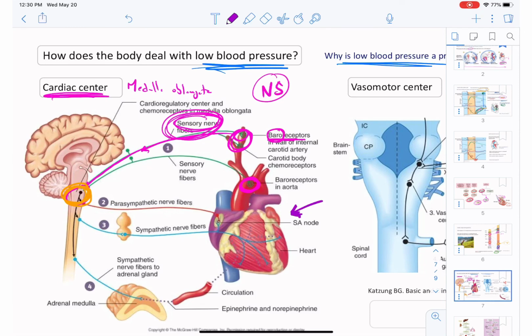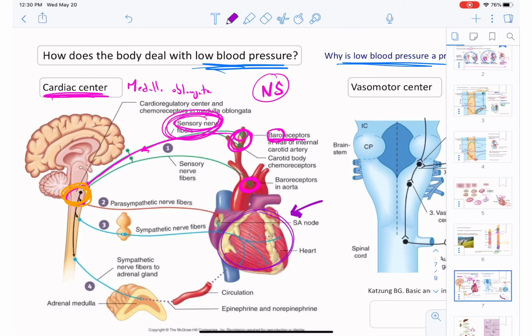So we're going to stimulate cardiac muscle here. So the cardiac center sends out stimulations through motor neurons that are going to innervate the heart. And to stimulate cardiac muscle, that's all unconscious, subconscious. And so those motor commands are going to travel through the autonomic nervous system.